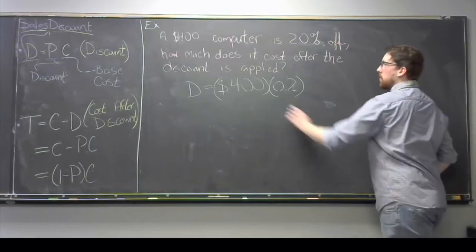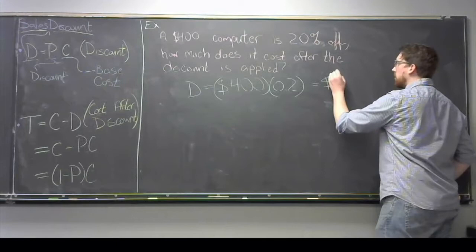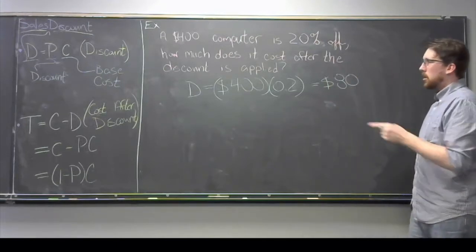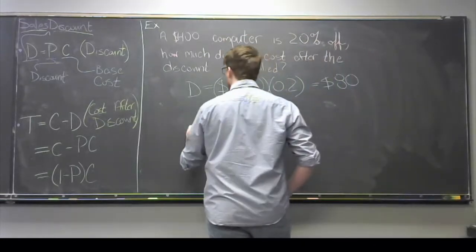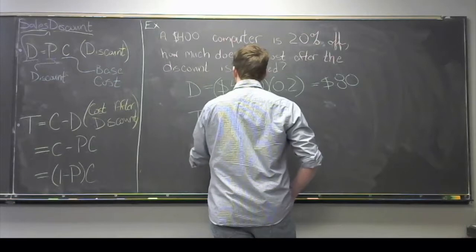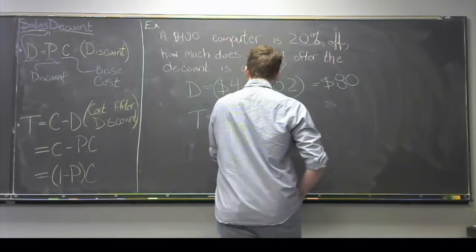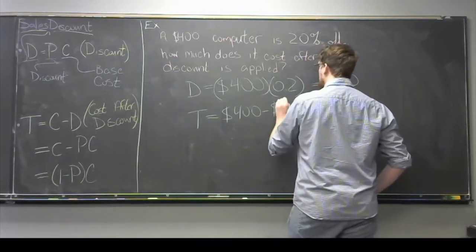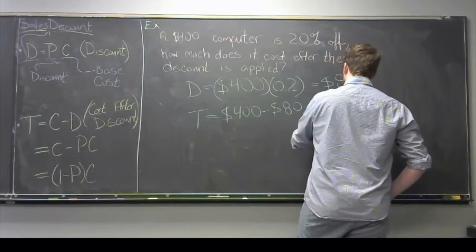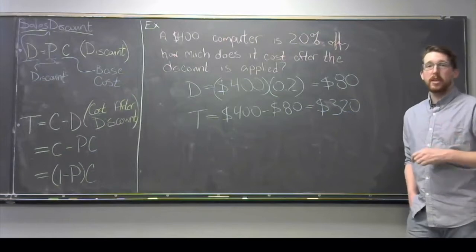So 400 times 0.2 is going to come out to be $80. The total cost is now going to be 400 minus the $80, which comes out to be $320 before sales tax.